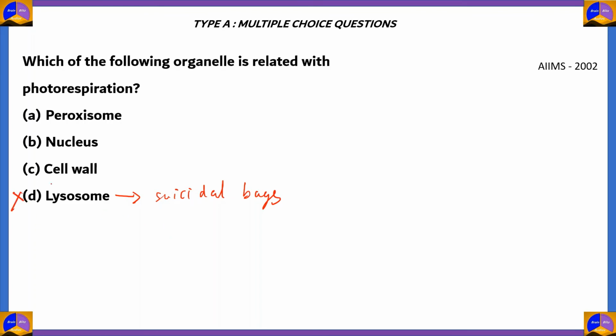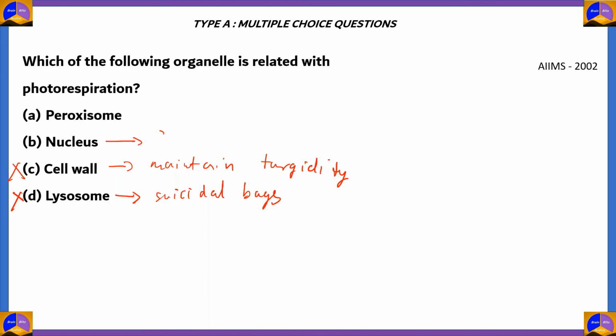So option D is incorrect because it's not used for photorespiration. What about option C, cell wall? Cell wall's function is to maintain turgidity of the cell. So suppose the cell has taken too much of water, the cell wall helps to keep its shape. So option C is incorrect. Cell walls are not used for photorespiration.